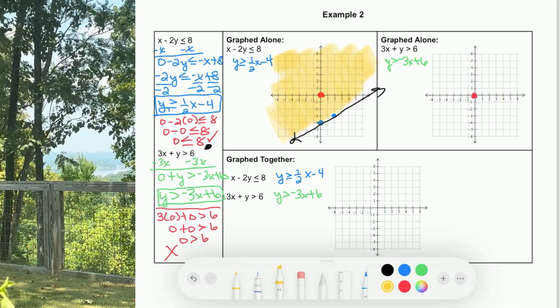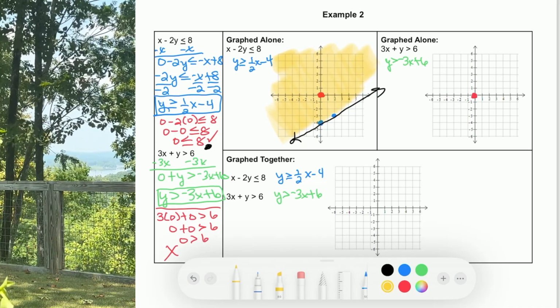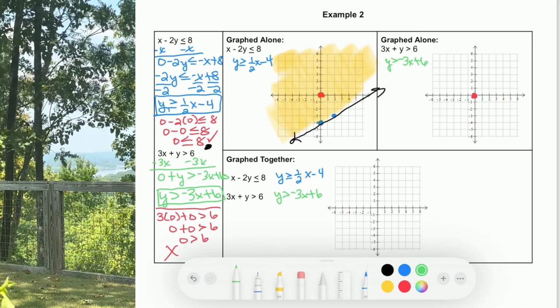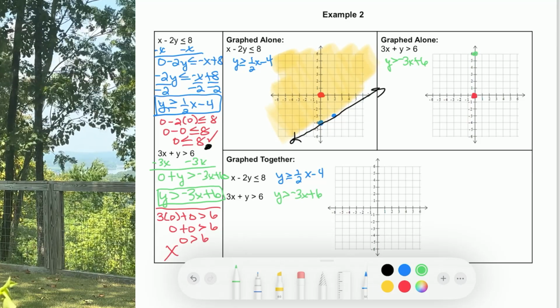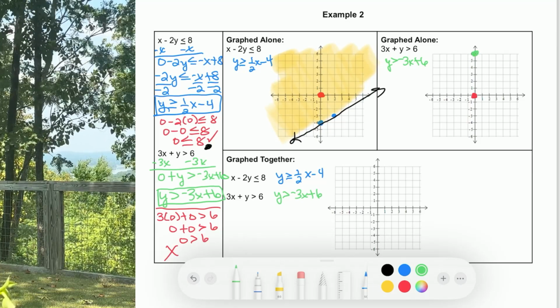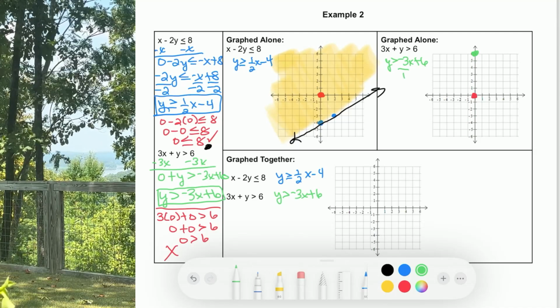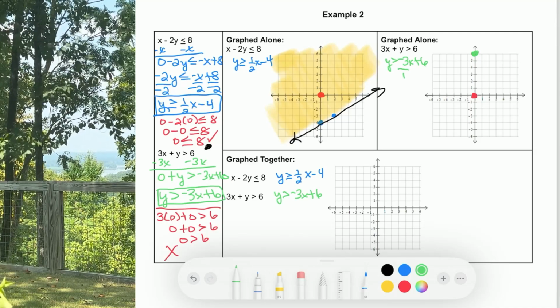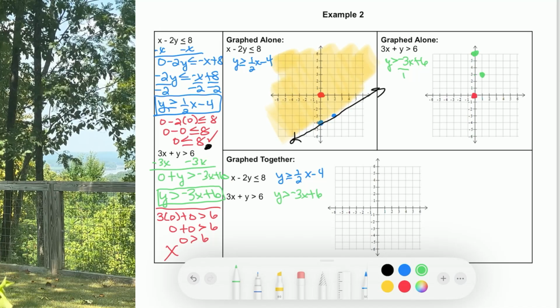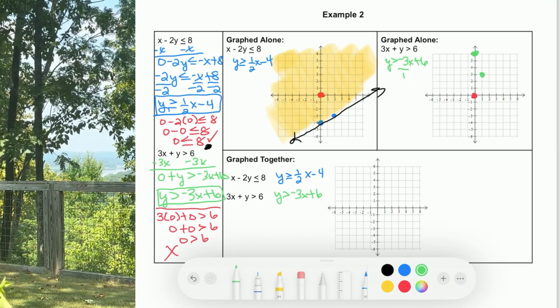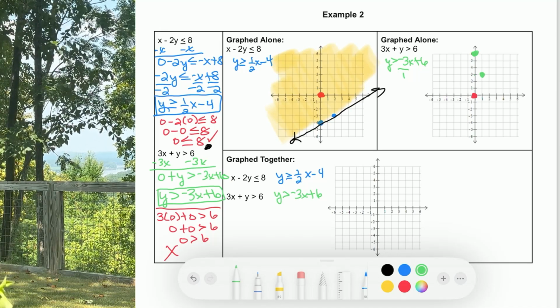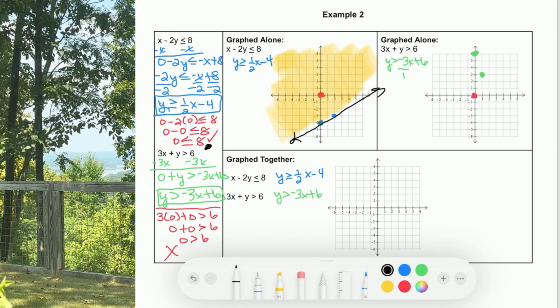All right, let's go ahead and look at our other one. I have a plus 6 for my b, so I'm going to go all the way up here. And then I'm going to use my slope, which I'm going to put over a 1, just so I have that fraction. I'm going to go down 3 over 1 to right here. And because it doesn't have the or equal to inequality, I'm going to end up with a dotted line.